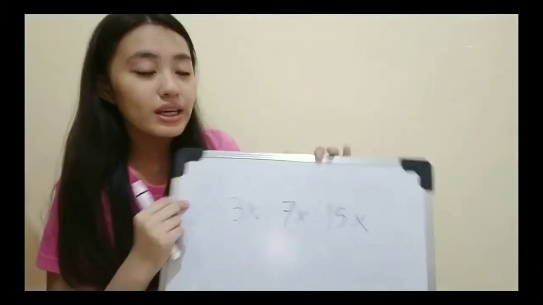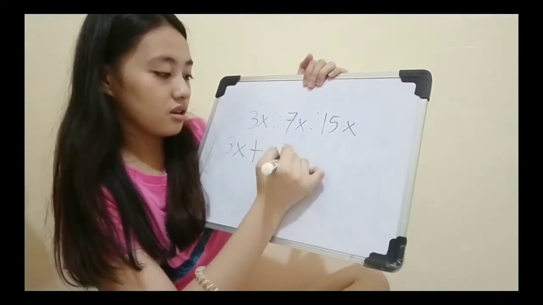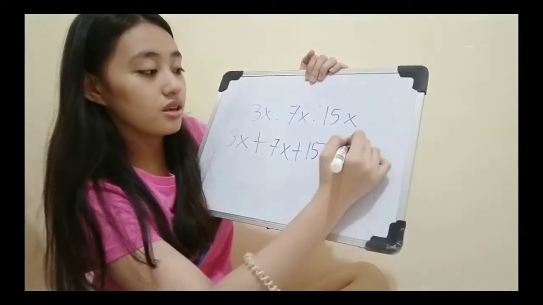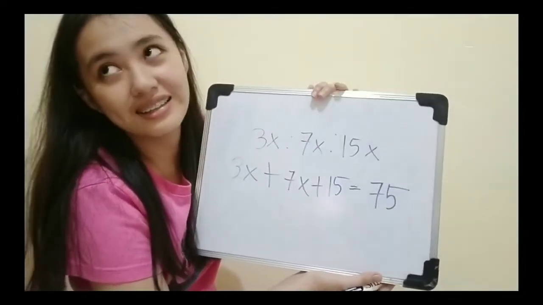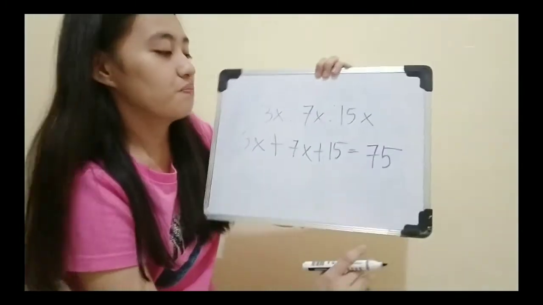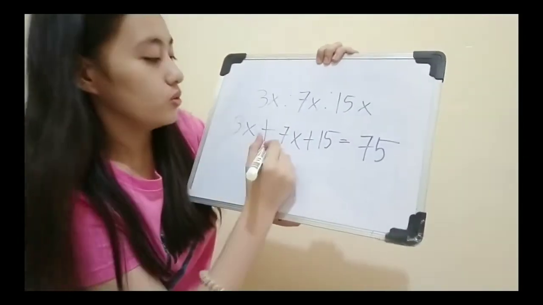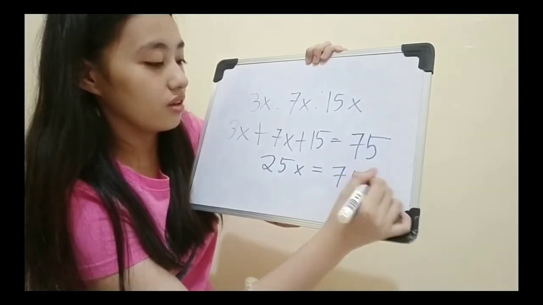So, for this problem, we can say that 3x plus 7x plus 15x equals 75, which is the total number of shares, yung paghahatian nila. So, if we add these, we come up with 25x equals 75.